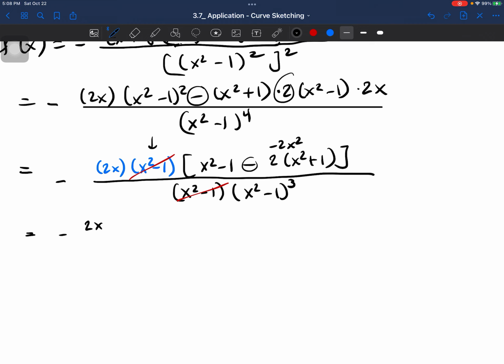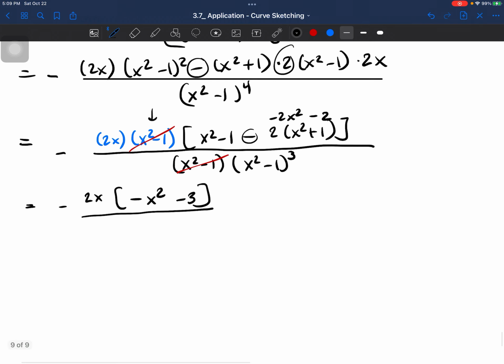And then we can simplify this here. You have a minus and a minus 2, so negative 2 times x squared, minus 2x squared. Negative 2 plus 1 is minus 2. So we can combine a few things here, such as negative 2x squared with x squared. That's going to give us negative x squared. Negative 1 minus 2 is going to be negative 3.